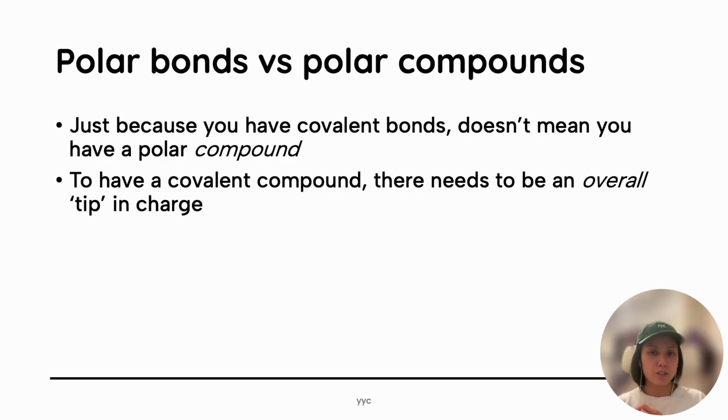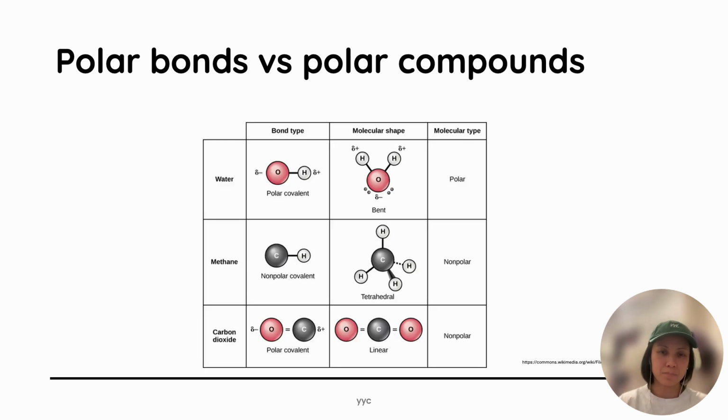So polar versus non-polar bonds. Sorry, polar bonds versus polar compounds. Now, just because you have a polar bond doesn't mean you have a polar compound. But in order to be polar, you have to actually have a polar bond. So there needs to be an overall tip or an overall side, I guess, where there's an overall charge, a positive side and a negative side. So, for example, water.